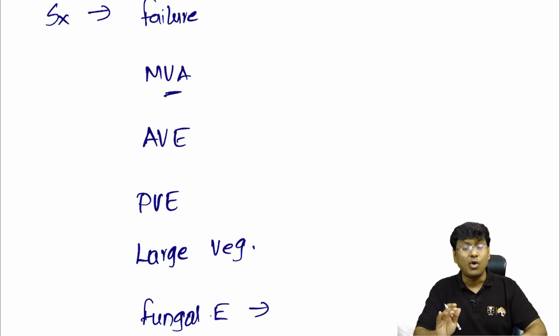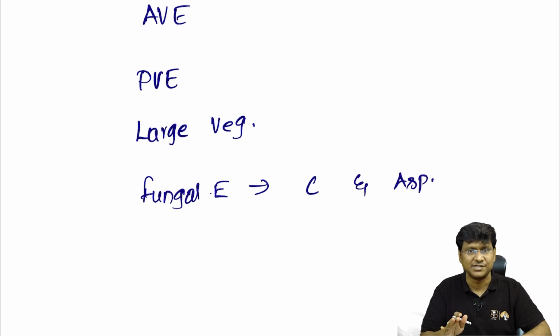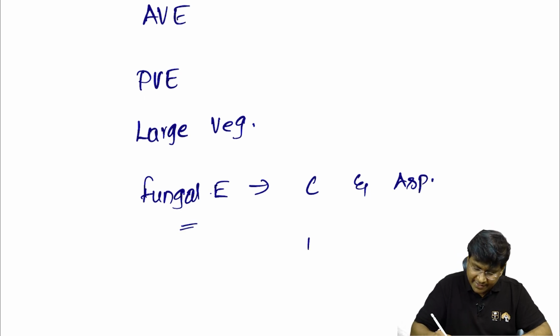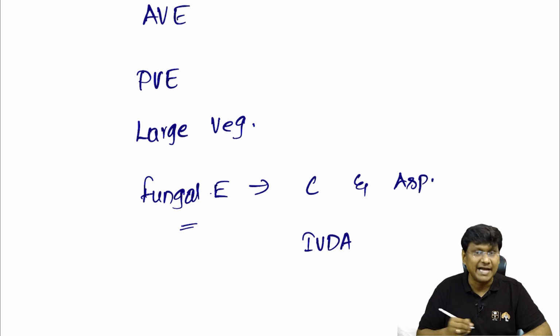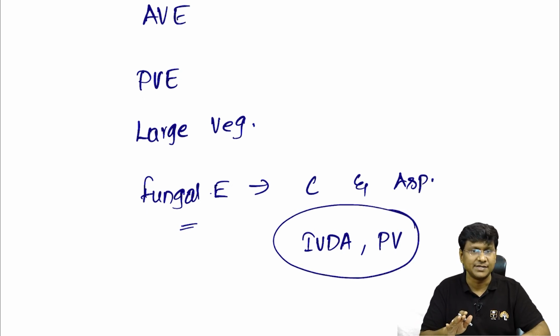And you need to know what are the organisms that cause fungal endocarditis. The organism causing fungal endocarditis is Candida, and another important organism is Aspergillus, right? And the most commonly associated risk factor for the development of fungal endocarditis is IV drug abusers, right? And then prosthetic valves. So these are the risk factors for fungal endocarditis, right?